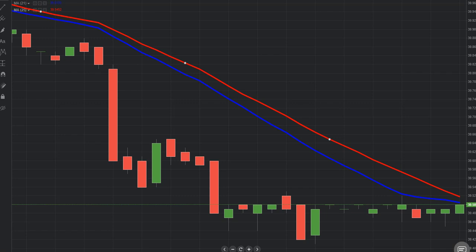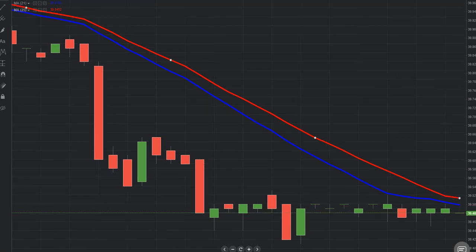The main goal behind using the shorter period moving average with the longer one is simple. We are looking for both perspectives in order to make a more informed decision.